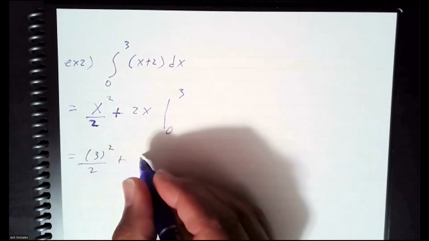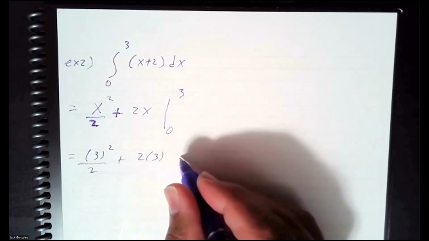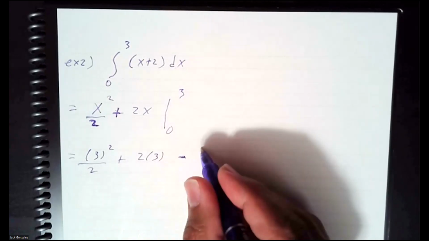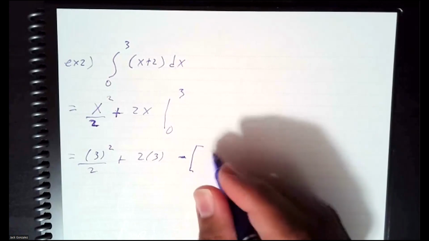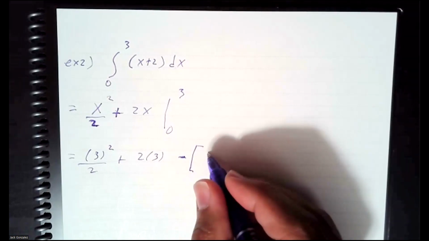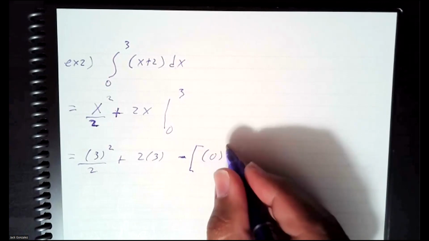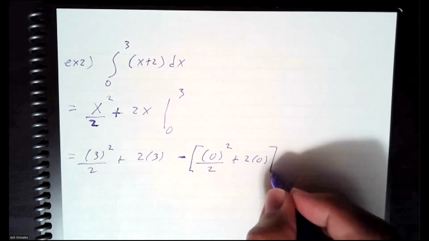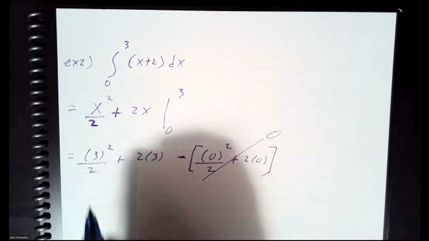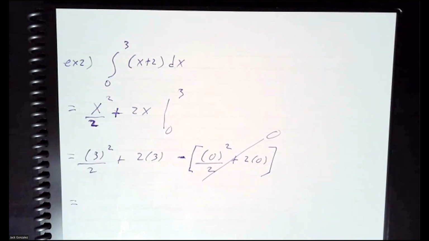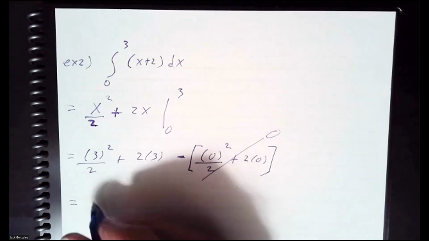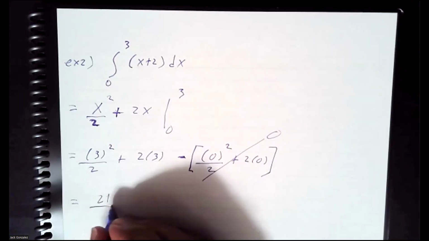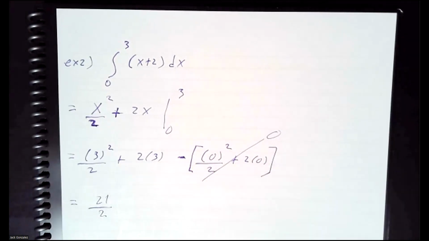So here, plug in your 3 and evaluate minus that same capital F function evaluated at 0, which is again 0. So this will be 10.5. Yep, exactly 21/2.